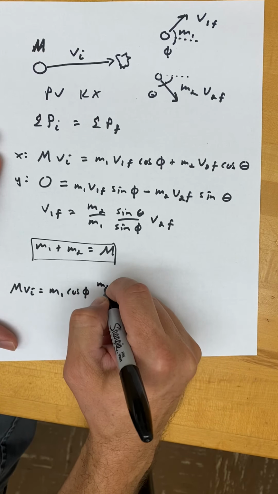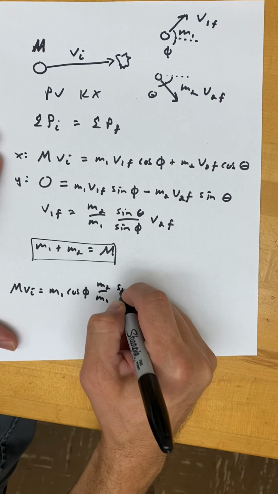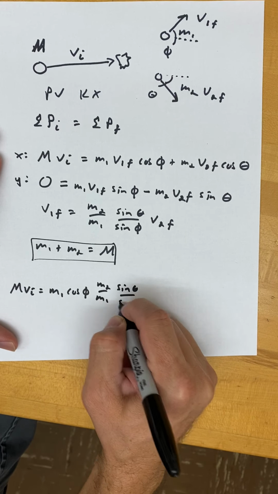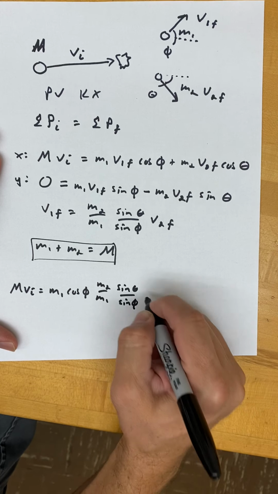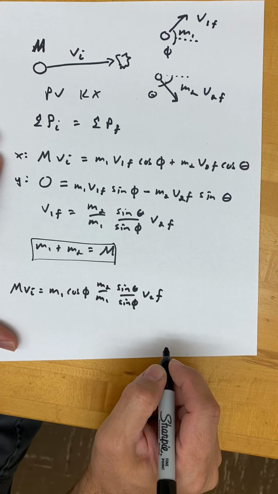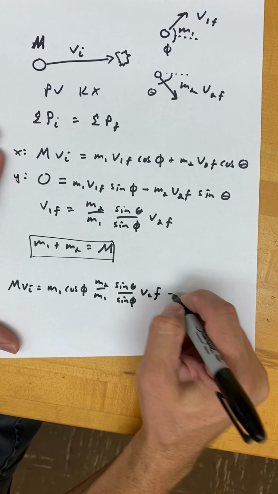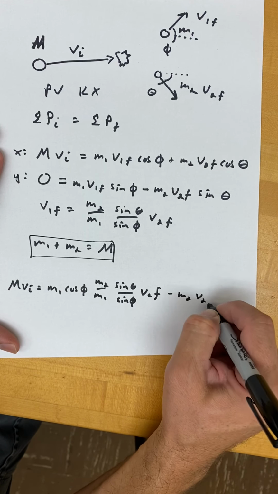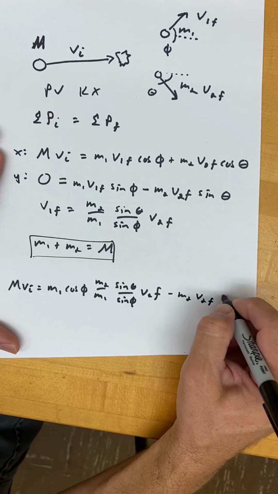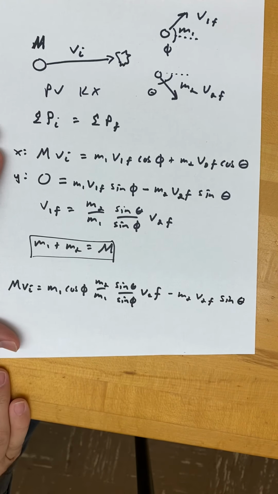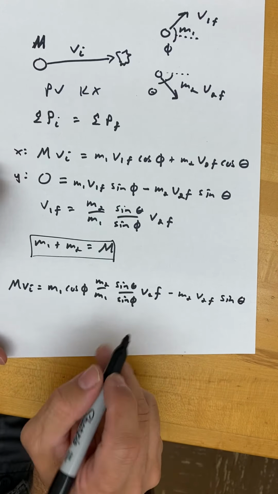I'm going to get M2 over M1 sine theta over sine phi, V2 final. That should be a subscript. And then what do I have left? Minus M2 V2 final sine theta.